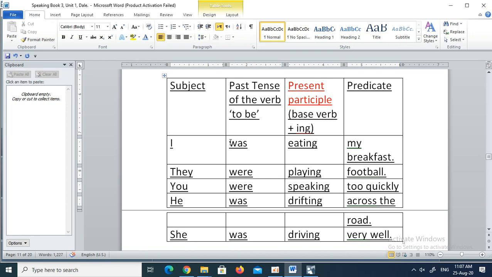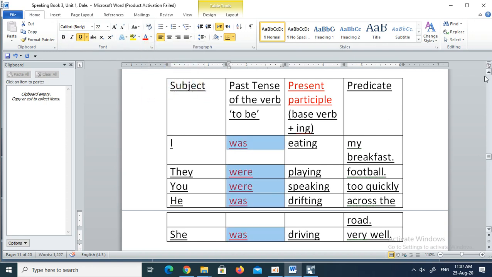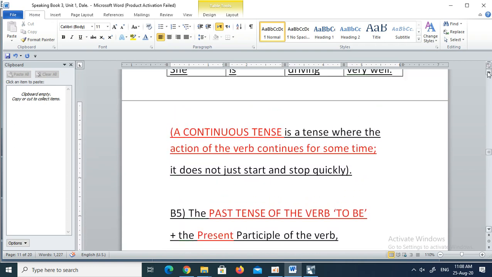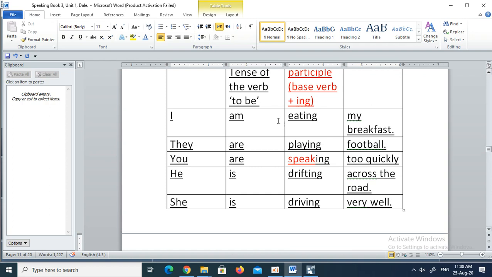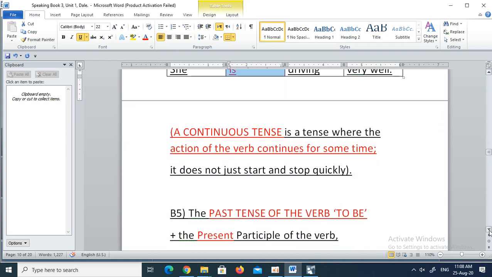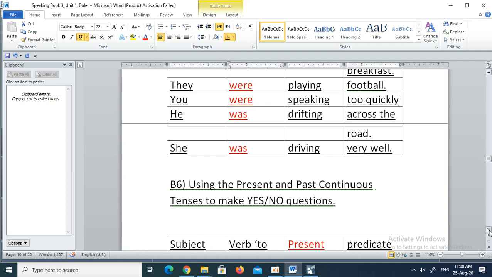But changing these forms of the verb to be into the past tense from the present tense here, we form the past continuous tense as opposed to the present continuous tense.